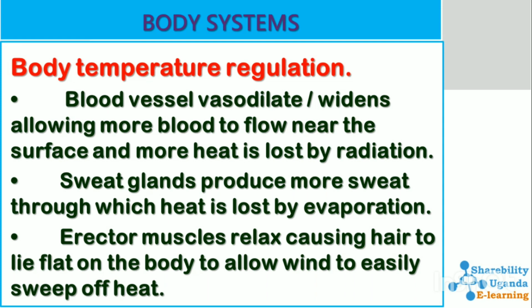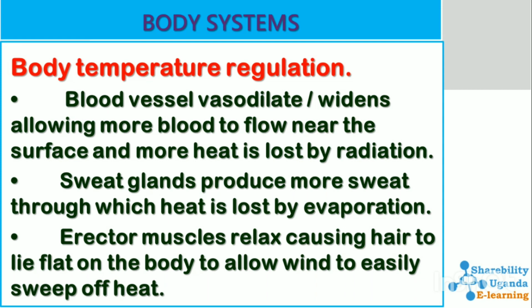This is the process through which blood vessels expand or enlarge, allowing more blood to flow near the skin surface, and more heat is lost by the process known as radiation. Sweat glands produce more sweat through which heat is lost by evaporation. This is done during hot days or when a body is in a hot environment. It tries to lose heat through these processes.